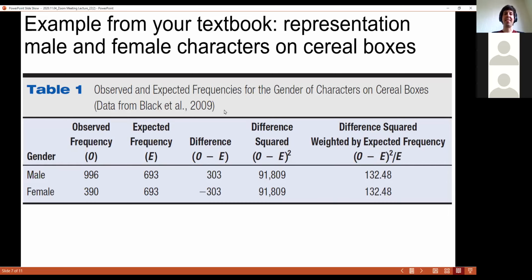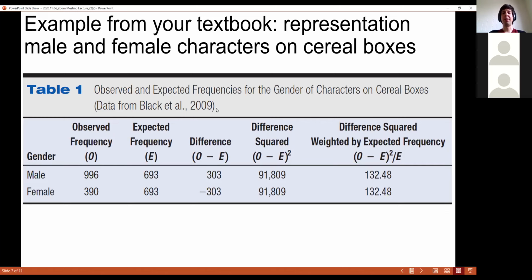I looked this up after our last class, and this study, Black et al. 2009, is apparently an incredibly highly cited study that looks at Australian cereal boxes and was actually used as the basis of legislation in Australia to create gender equity in the representation of characters on cereal boxes and other kinds of media directed at children.